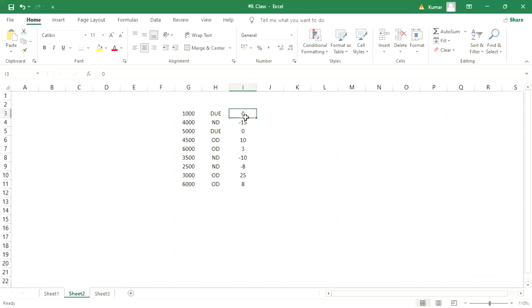What is this, guys? This is called due. It means the invoice becomes due today itself. If it becomes due today itself, it doesn't mean that we are going to receive payment today itself, isn't it? We'll have to give some time to the customers. How many days are we going to give? Let's suppose 7 days or 5 days. We are going to give 5 days as a grace period.